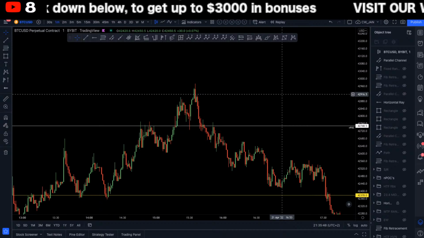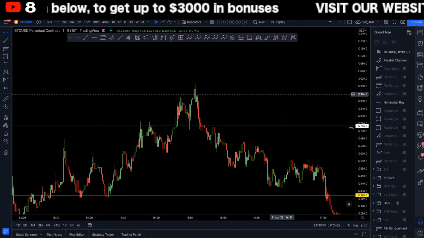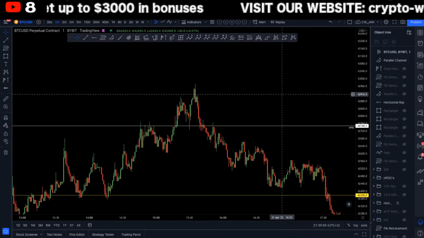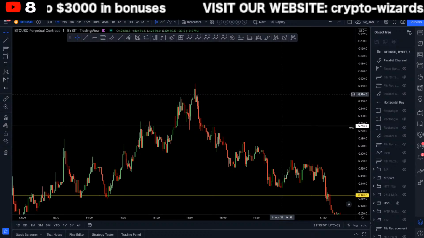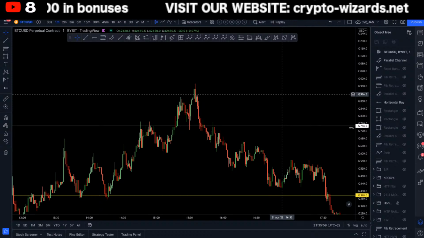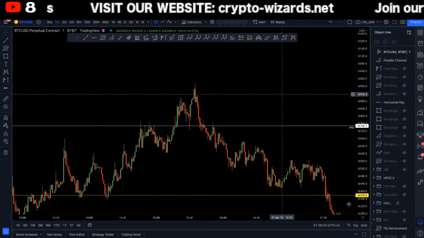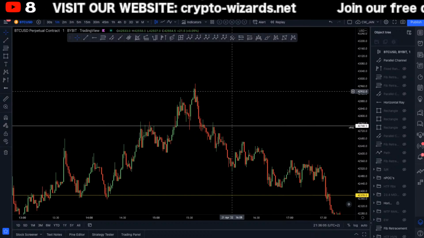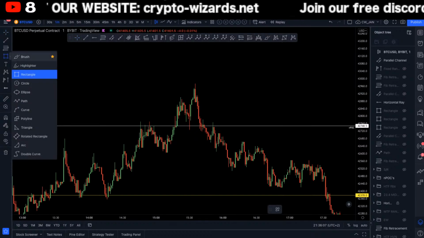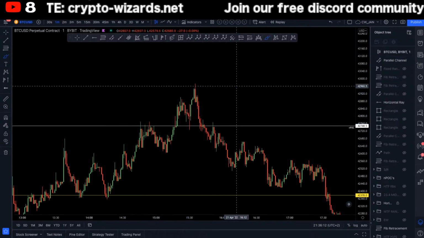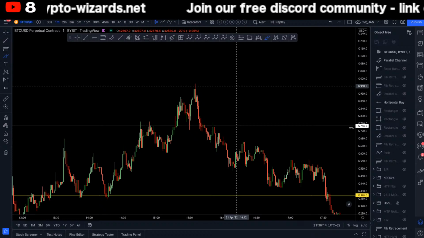But write this down and check this by yourself. 15:30 to 15:35 processing time, 15:35 to 15:40 directional move. What I mean by this: in these 5 minutes you're going to see a choppy movement, and I'm not saying up, I'm not saying down, it could be sideways, whatever it will be.